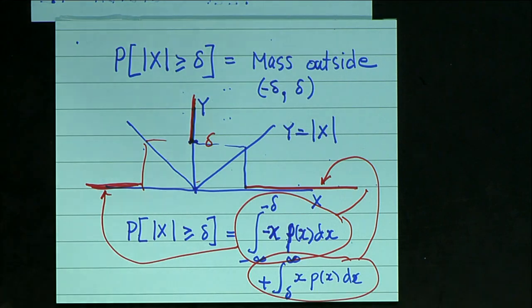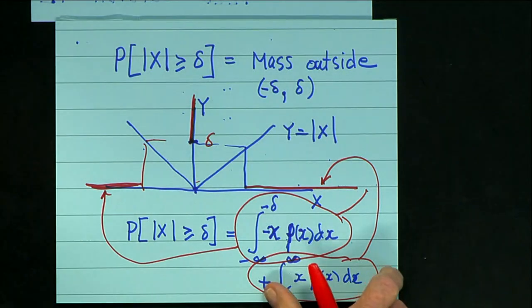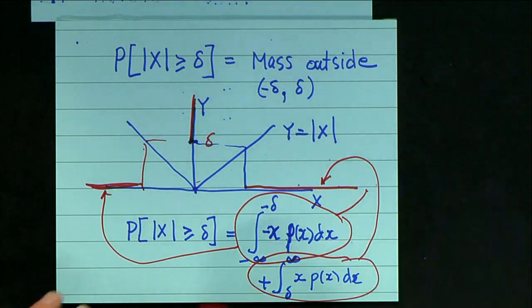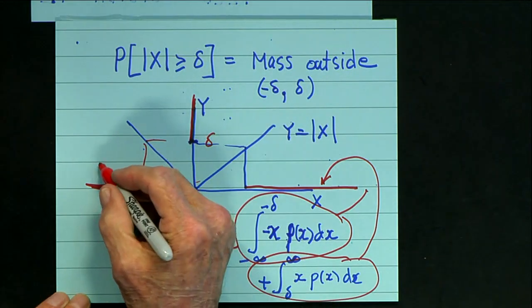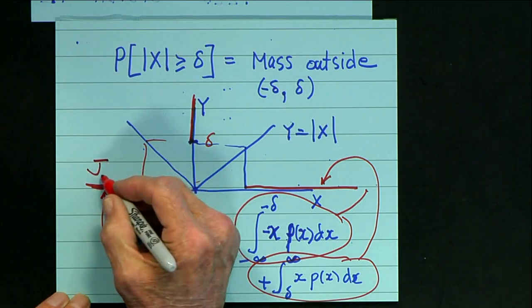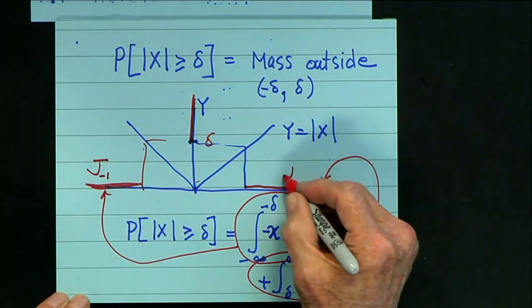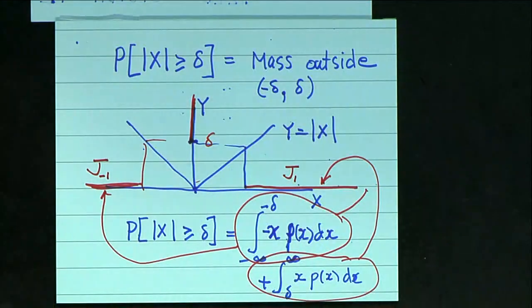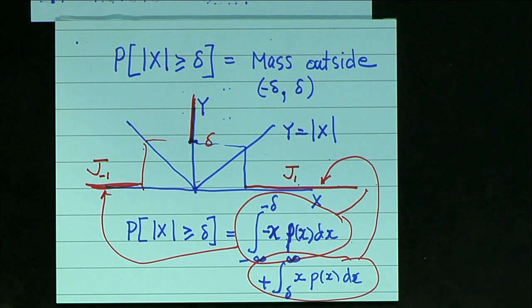No? Not? Okay, good. What I'm going to do is call this J minus 1 and call this J1. So this integral here is J minus 1, and we'll call that one plus 1.